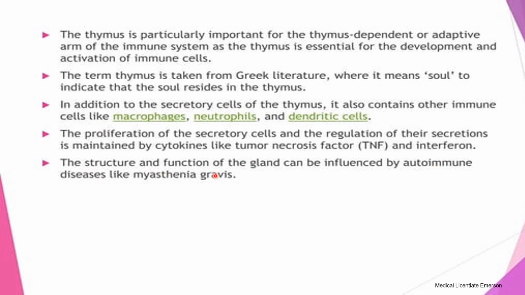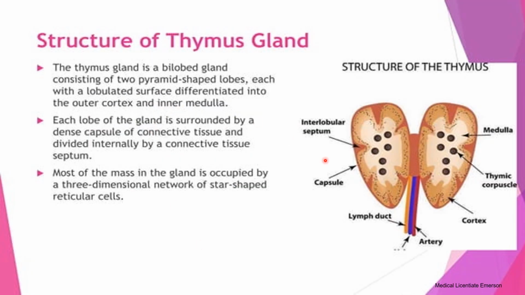Then the structure and function of the gland can be influenced by autoimmune disease like myasthenia gravis. So in terms of structure of the thymus, it is of course a bilobed gland consisting of two pyramid-shaped lobes, each with a lobulated surface differentiated into the outer cortex and inner medulla.